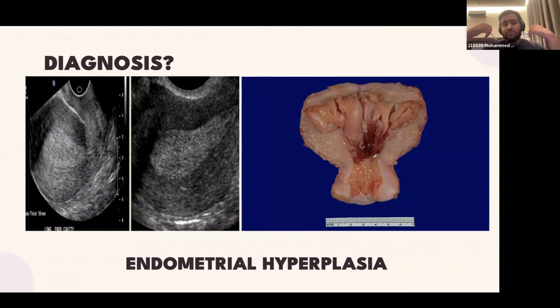High estrogen will cause endometrial hyperplasia because there's no progesterone cutoff after progesterone increases, and this won't shed off the endometrium. So it keeps on proliferating and growing because of unopposed estrogen. So with these patients, you need to take biopsies or monitor them.